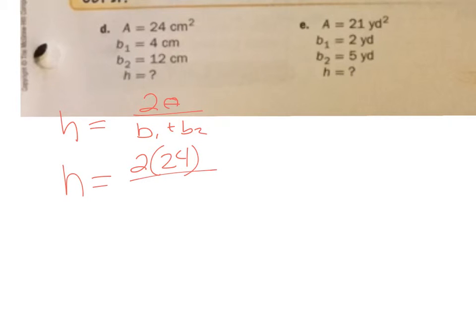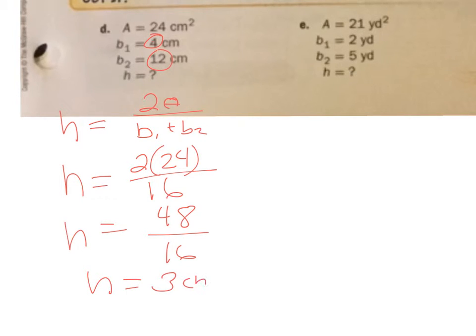And then I have my two bases, 4 plus 12. I can do that right now. So that's 16. So then height equals 48 divided by 16. And when I do 48 divided by 16, it gets me 3. So my height equals 3 centimeters.